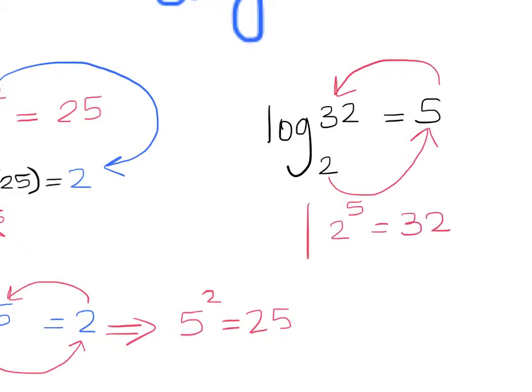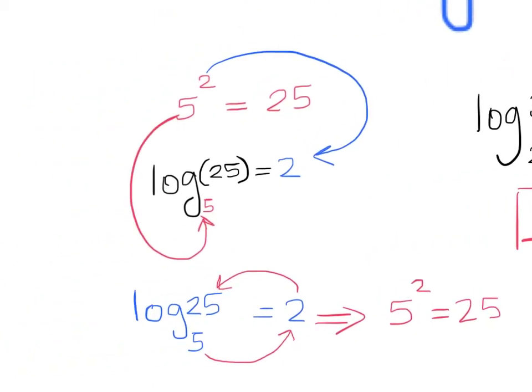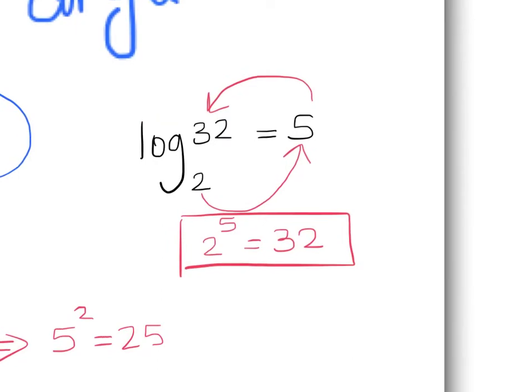This way helps you see the comparison, or how you can change from log to exponential. It's easier than when you look, sorry for this mess, it's easier than when you look to change from exponent to log.